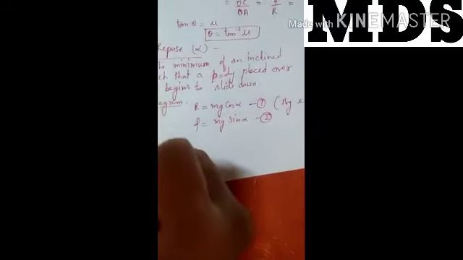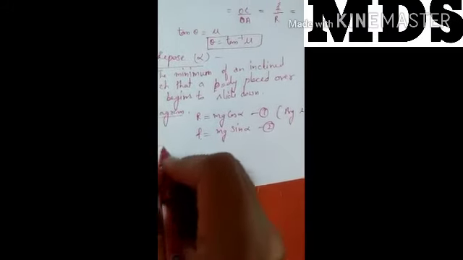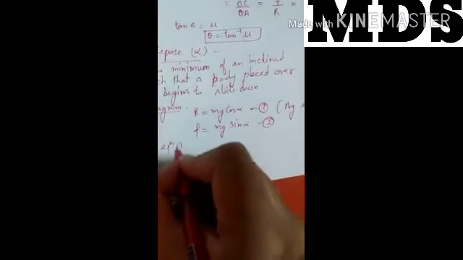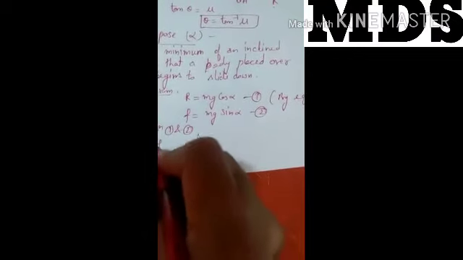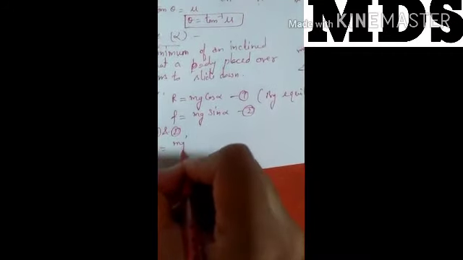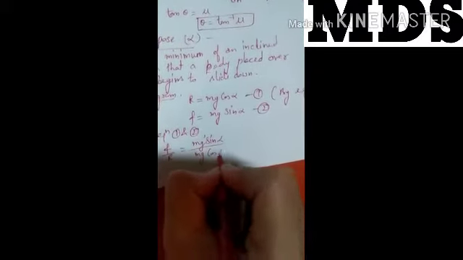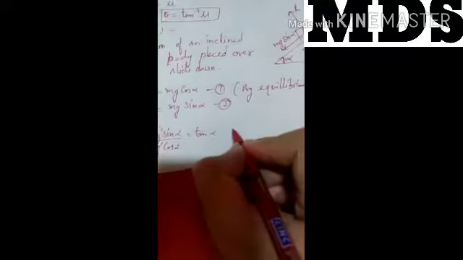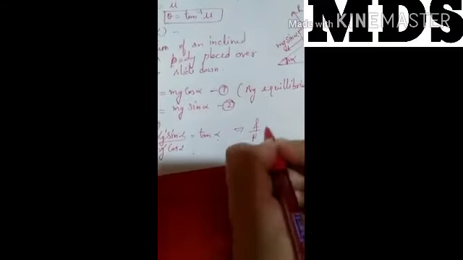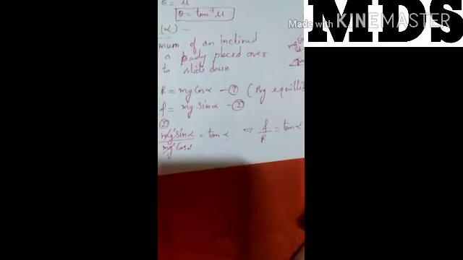Now divide the first and second equation, then we can write F by R equal to mg sin alpha by mg cos alpha. This cancels with this. Sin by cos is tan, so F by R equal to tan alpha.